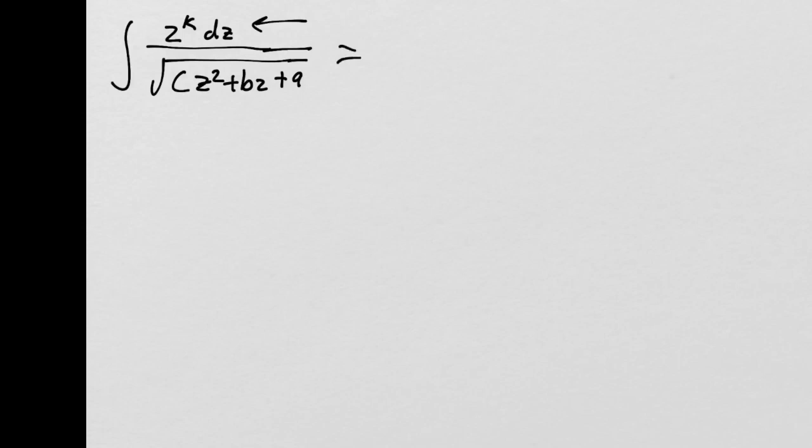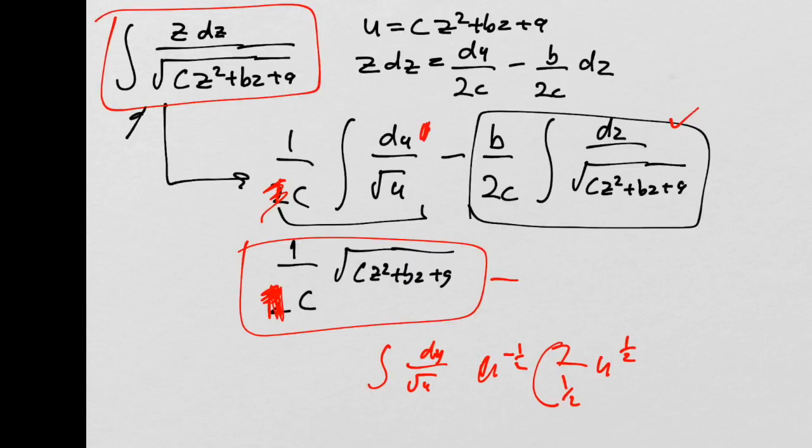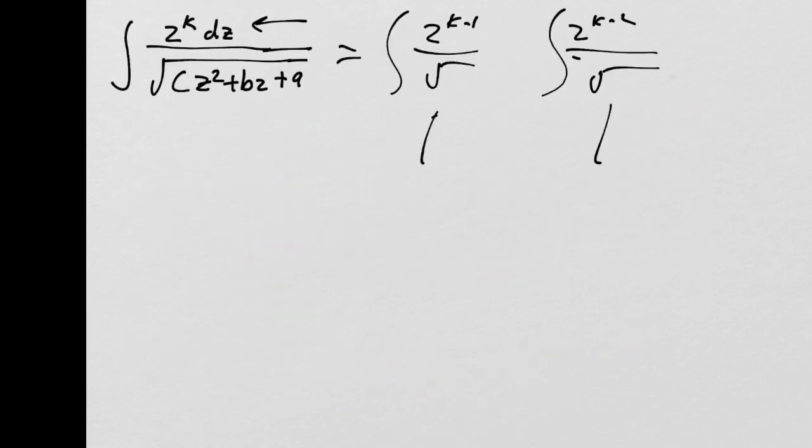We're going to have this in terms of something that looks similar with z to the k minus 1 and z to the k minus 2, two integrals essentially of this form. And when we do that, we can presume that we could repeat that process on these guys until we end up with this guy and this guy at the end, right? So that's the goal for this section.